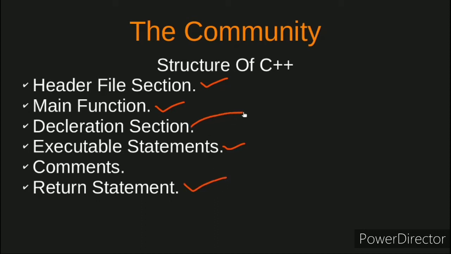The declaration section is something that is to be covered in the next video, and then we have something known as comments as well, which we have already used in our program.